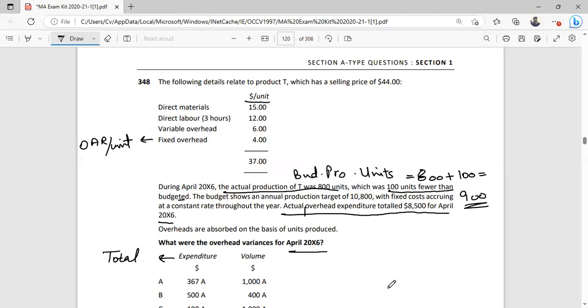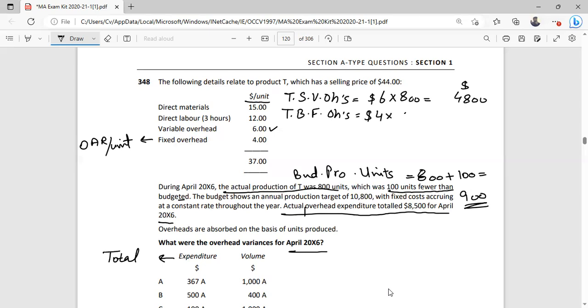So what will we do? In this situation, we will calculate total standard variable overheads. Variable cost is the cost which varies with the activity level. That's why $6 budgeted variable overheads per unit are multiplied with actual production of 800 units. So we have 4,800. On the other hand, total budgeted fixed overheads is equal to $4 into budgeted production units of 900.